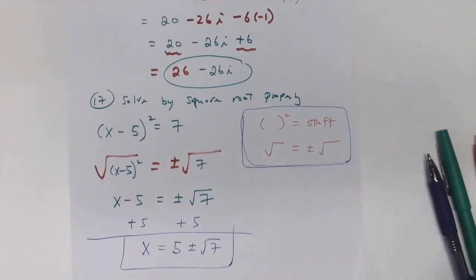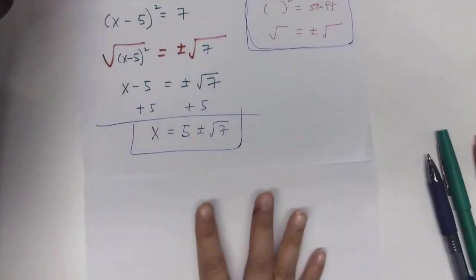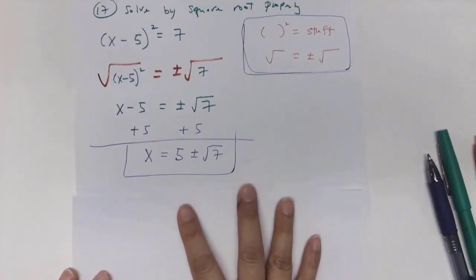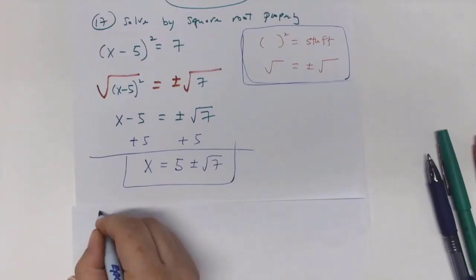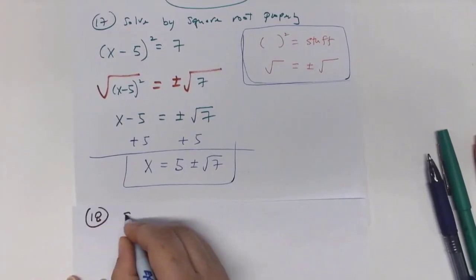2 minutes. The last one is quadratic formula. So we're going to do one to solve using the quadratic formula. Again, they're going to give you all the formulas. You just need to identify which one to use. So the very last question for today says solve by quadratic formula.